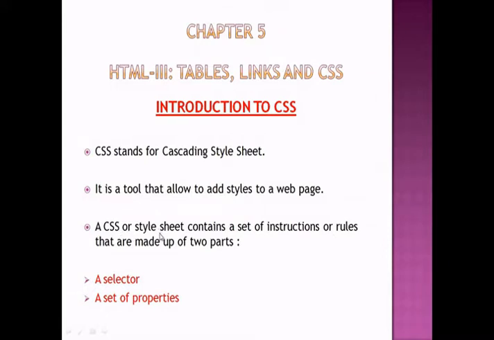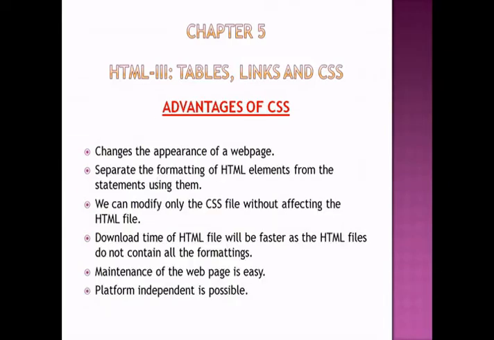One is called the selector, and the selector is followed by some specific properties. Those are known as CSS properties. We learn those properties in our next classes, although I have already discussed previously also, so we'll revise it.